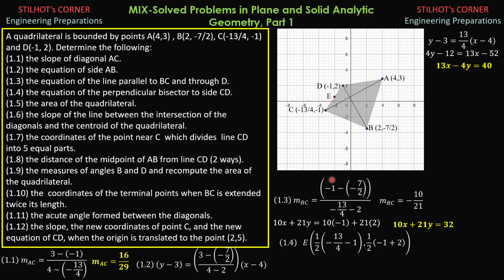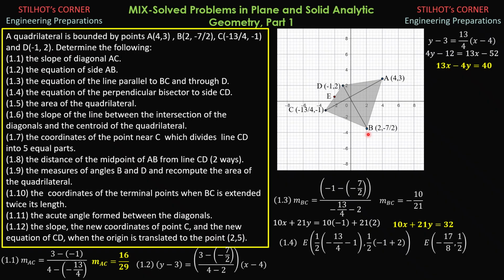So it is (-17/8, 1/2). That's point E. If you check it with the location, negative 17 over 8 is about negative 2, slightly to the left of negative 2, then 1/2. We also check the coordinates before we proceed, and that makes sense.